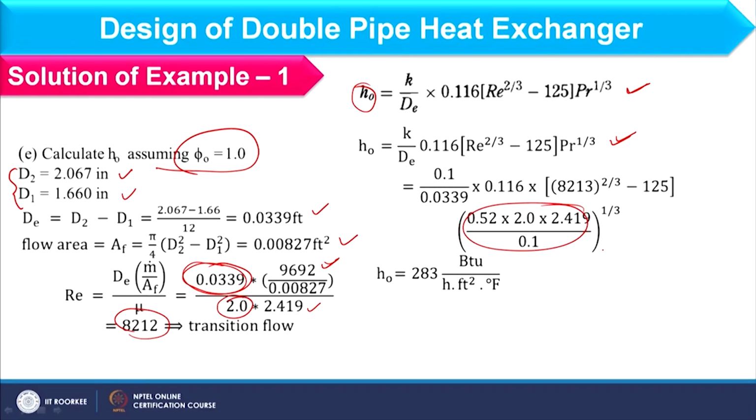So, corresponding to all these values you can find out ho value as 283 BTU per hour feet square degree Fahrenheit. So, in this way you can calculate hi and h naught, and now we will focus on the psi values where I have to focus on viscosity correction factors, right.